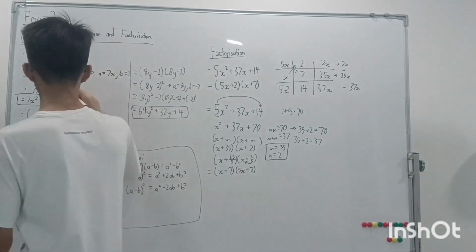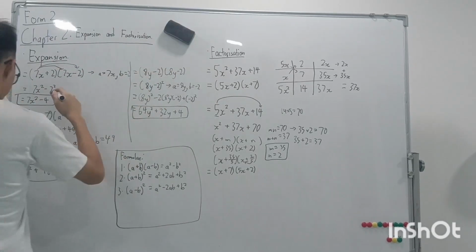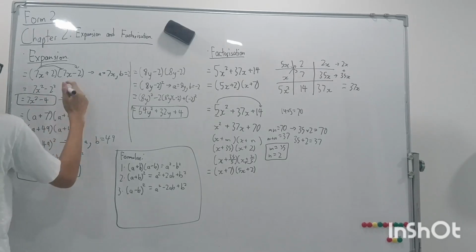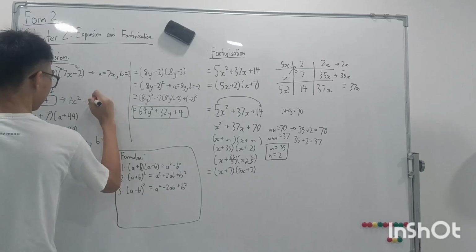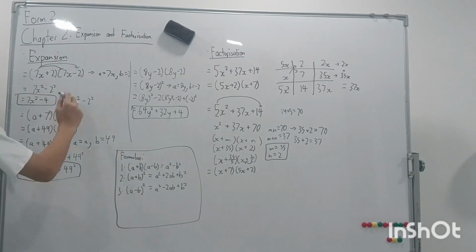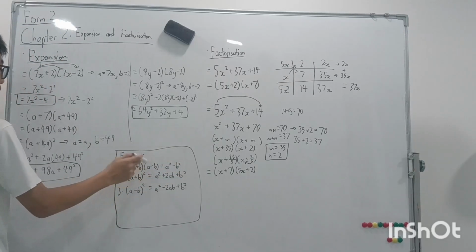We're going to check if 4 is a perfect square, which it is. So 7x squared minus 2 squared. And we're going to use the formula to factorize it back into the factorized form.